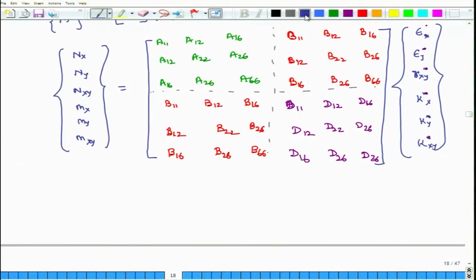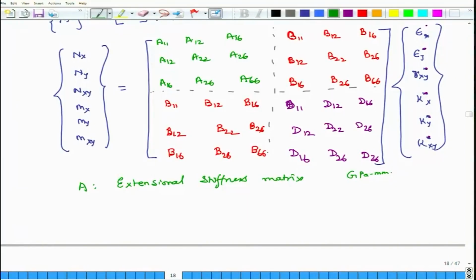The A matrix is known as the extensional stiffness matrix, and its terms are in GPa millimeters, because it is Q times z.